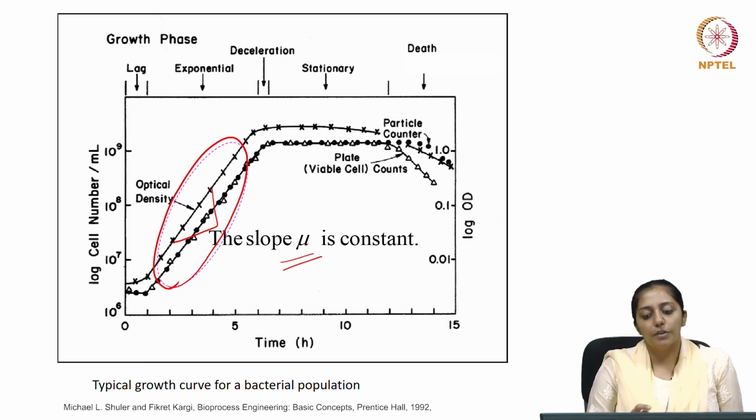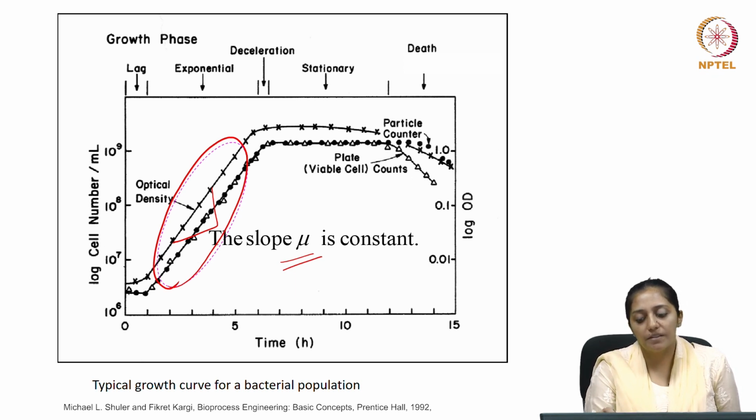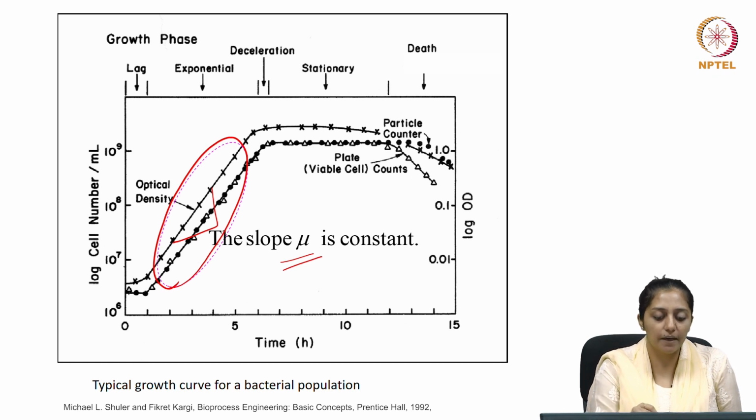As I have already told you, we had already seen different phases of growth in a typical batch growth curve in terms of cell numbers. You can see the death phase, the stationary phase, the decline phase, the deceleration phase, the exponential phase and the acceleration phase along with the lag phase.